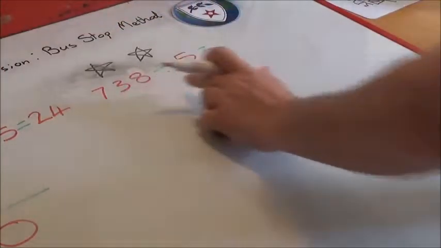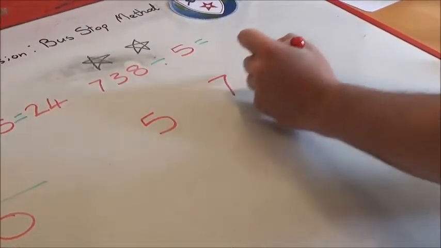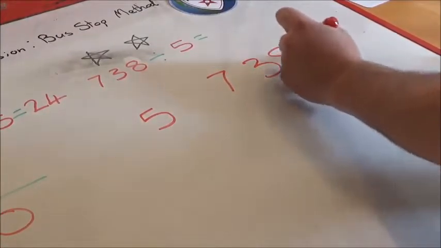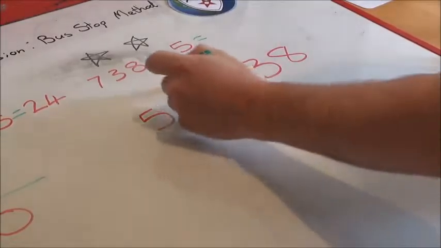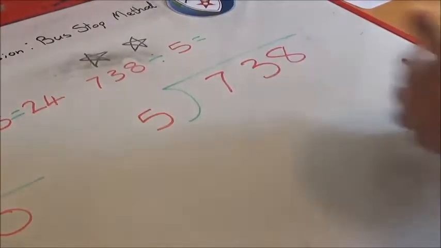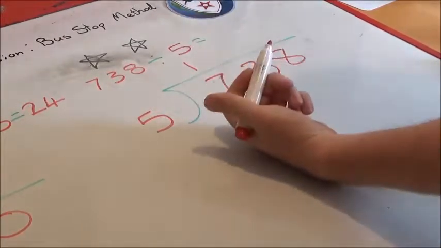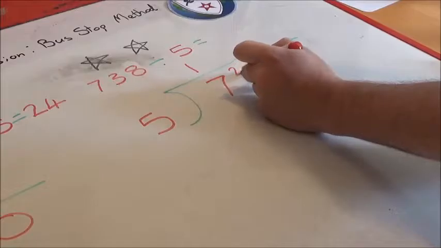Okay, now over to 738 divided by 5. Again, I'm going to write it out. 738. Draw it. How many times does 5 go into 7? 5. Can't go any further, so that's going to be 1, and I've got 2 left over.